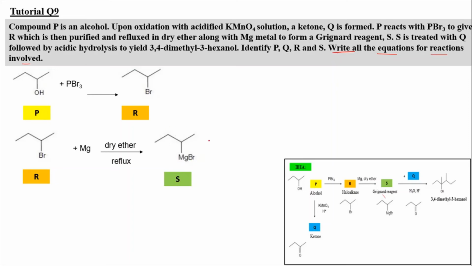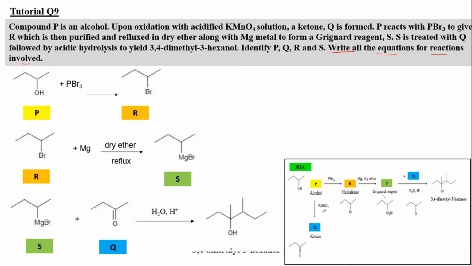Okay, and from the Grignard reagent, we're going to react with our structure Q, which is our ketone that we have determined, and this is going to give our product, which is 3,4-dimethyl-3-hexanol, and this happens at the acidified condition, okay, which is here. So this one is step number 1, and then this one is step number 2.